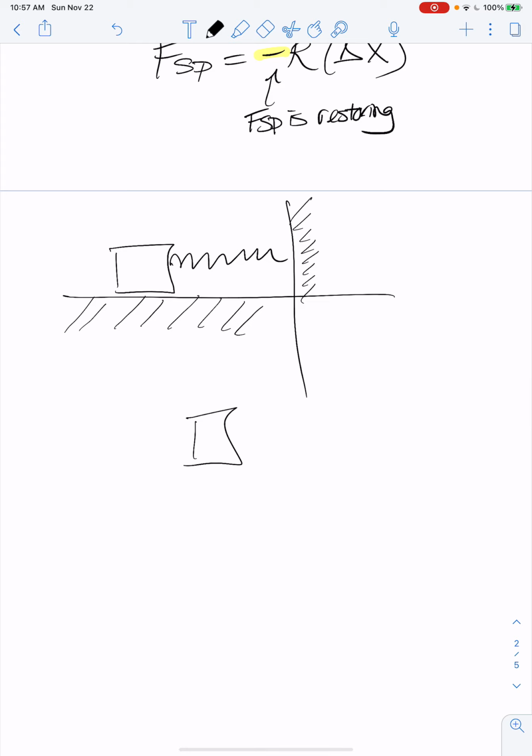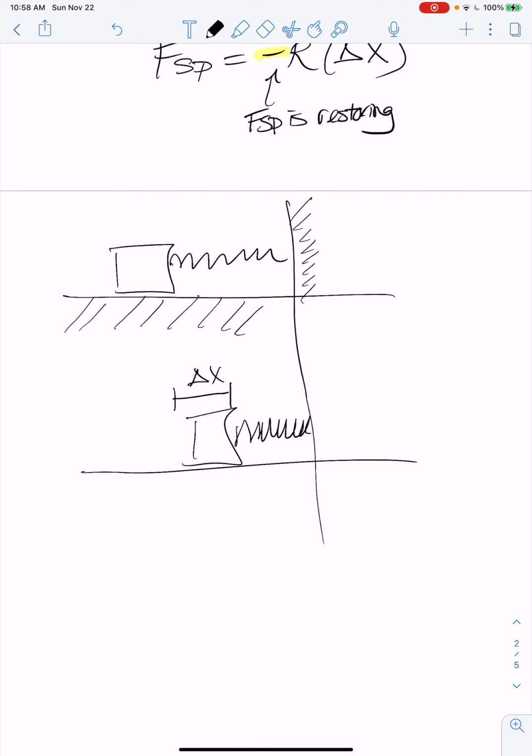You compress the mass, so this is now the spring, right? And you compress it by this much. This is your delta x. And this is your old equilibrium.